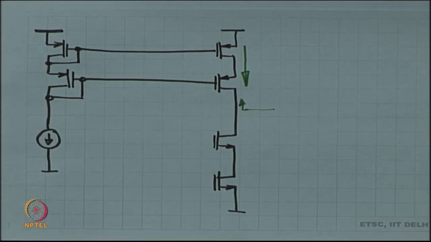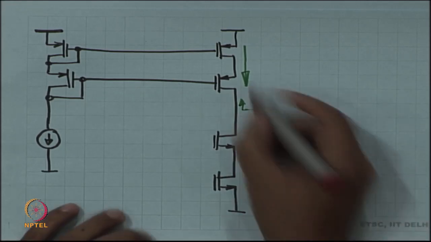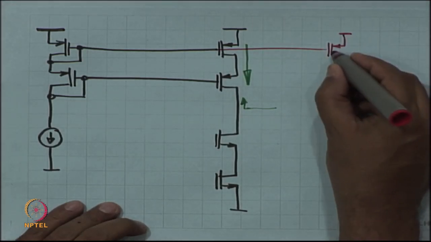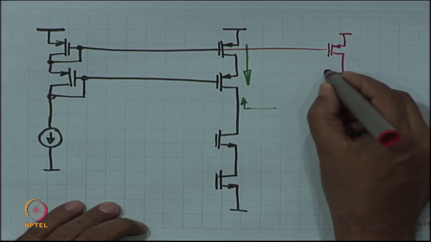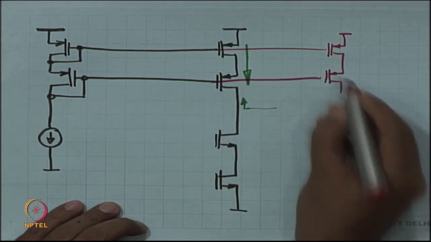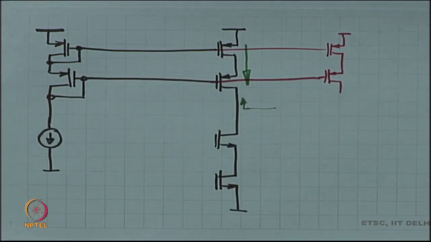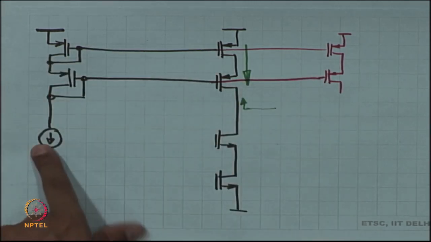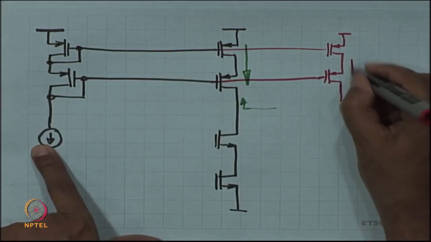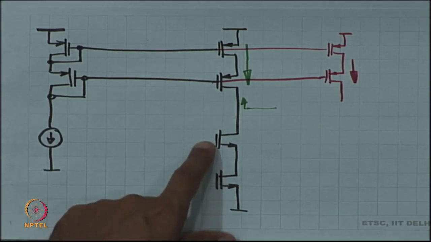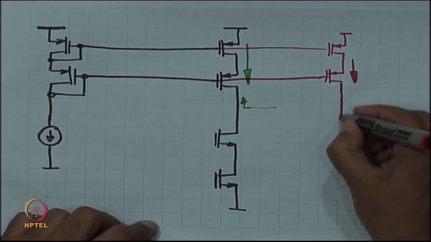Fine. All right. Now, we go a next step further and we create another copy of this current. So, this is now a copy of a copy, right. It is just another copy of the same reference current. So, this is also the reference current. Now, what I am going to do is I am going to create the bias voltages for the NMOS devices.